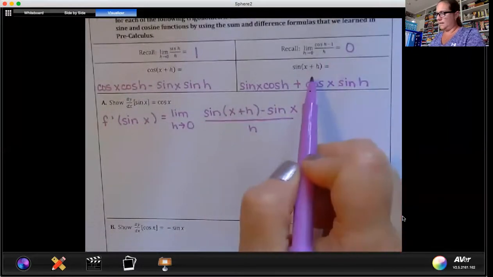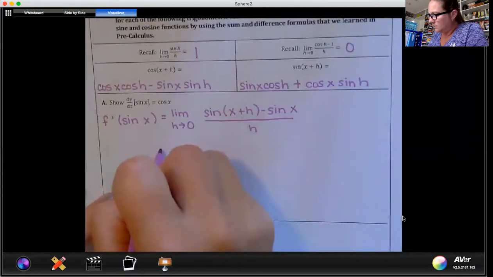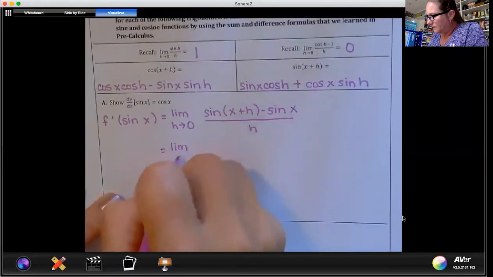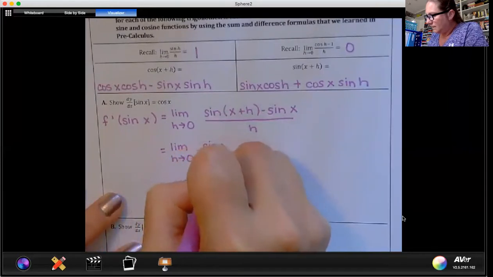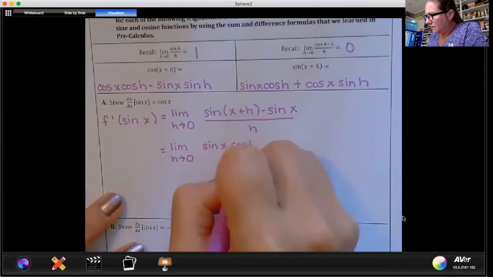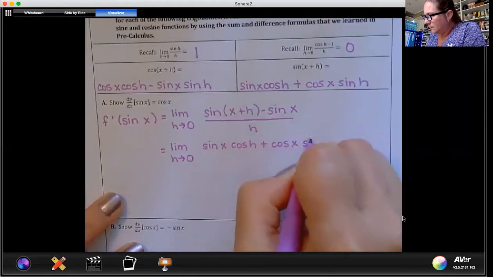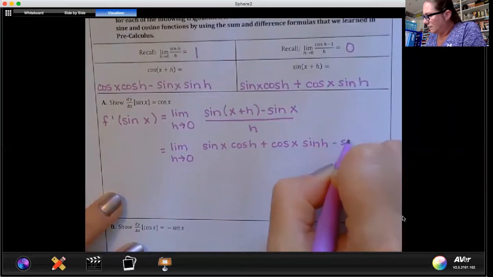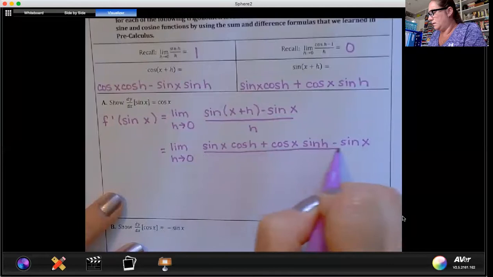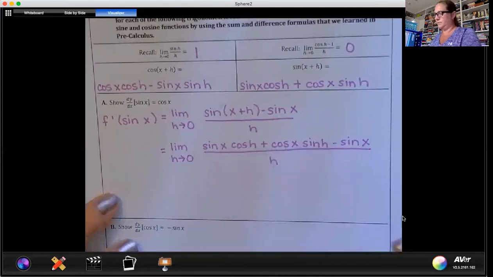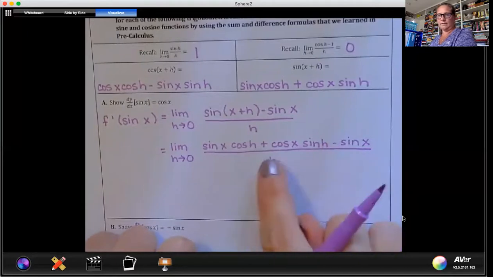We know that the sine of x plus h has the value that you see here, so substitute that in. Limit as h approaches 0 of sine of x cosine of h plus cosine of x sine of h minus sine of x, all over h. So there's your sine of x plus h minus sine of x over h.